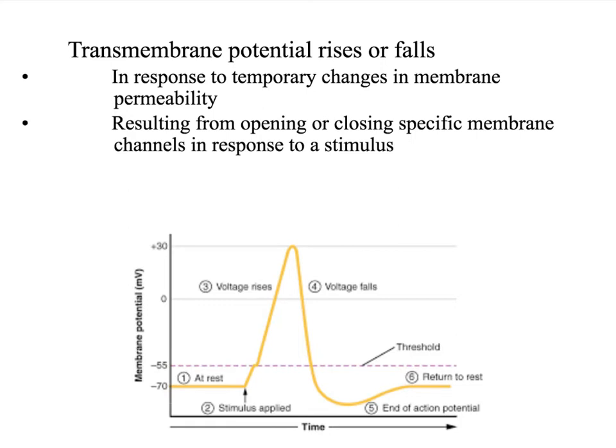It's the same thing. And the ones in particular we're talking about are potassium and sodium. So when the transmembrane permeability changes, the transmembrane potential will change. And this happens by changing the permeability, by opening or closing a channel.